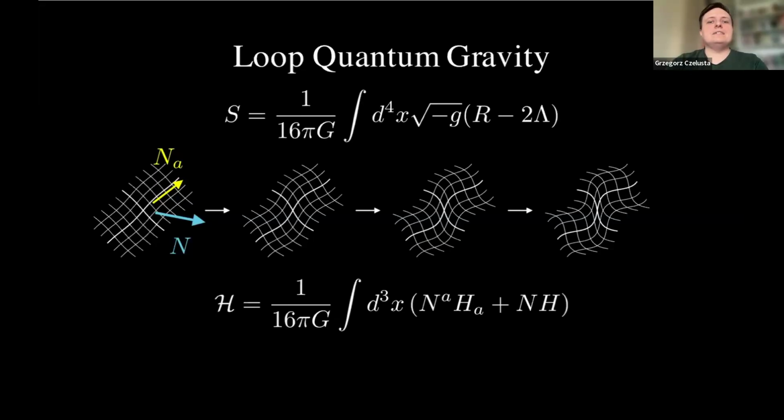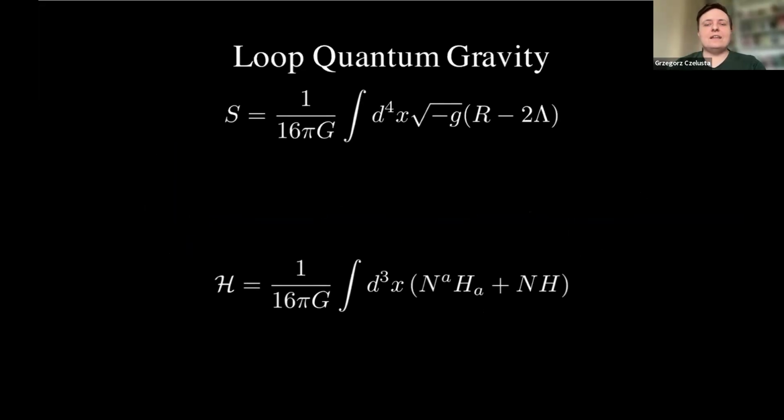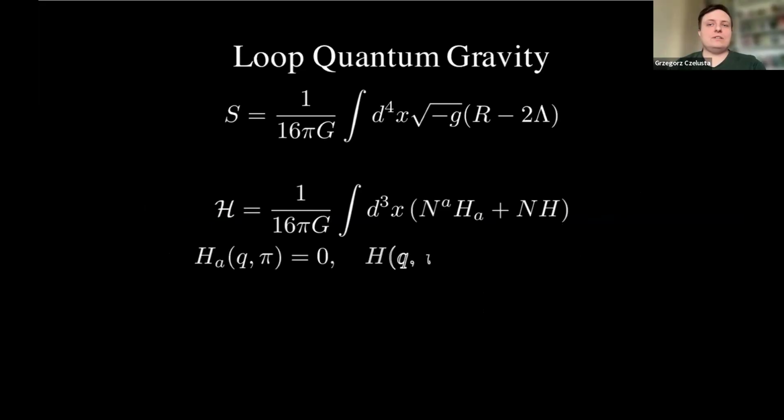And this is a situation specific to gravity. For physical configurations, which means configurations satisfying the constraints, the Hamiltonian vanishes identically. So this is a strange situation because for physical configurations, the Hamiltonian is identically equal to 0.